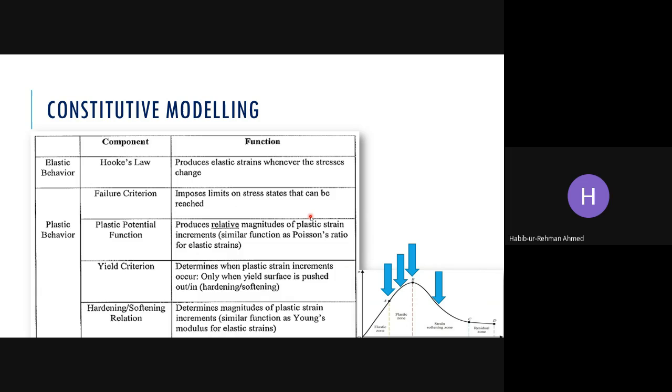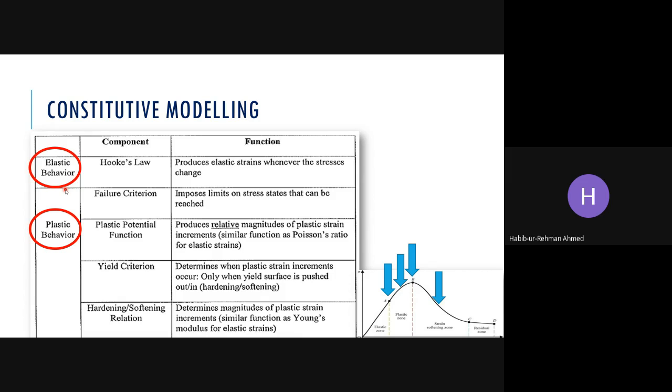And I'll show you a table over here. If you now compare the elastic behavior part, which was represented by Hooke's law only, and plastic produces plastic strains. So in addition to the elastic behavior, the most simplistic constitutive model, we have now introduced the plastic behavior.